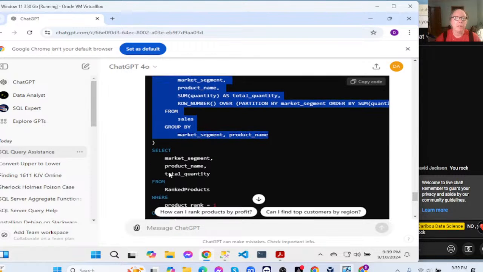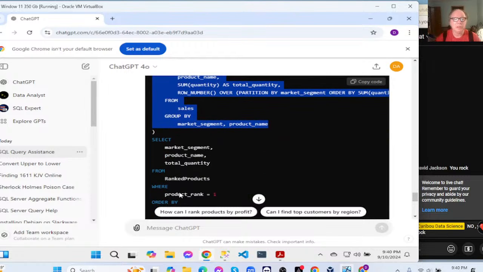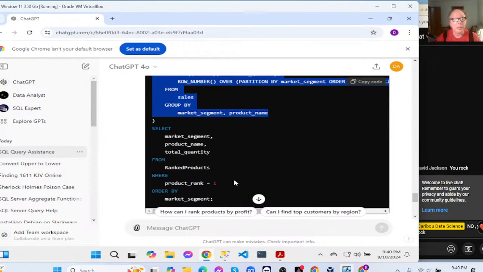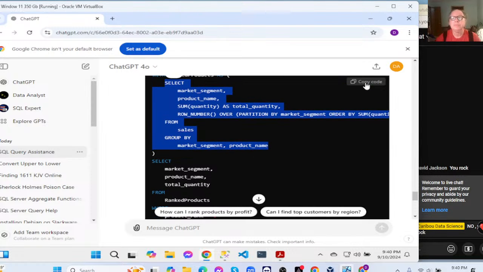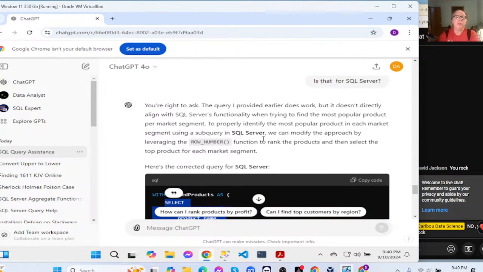You got two queries. You can actually run this query here, which returns a result, including calculating total quantity, from ranked products. So you're querying this back up here. Then you're saying product rank equals 1.